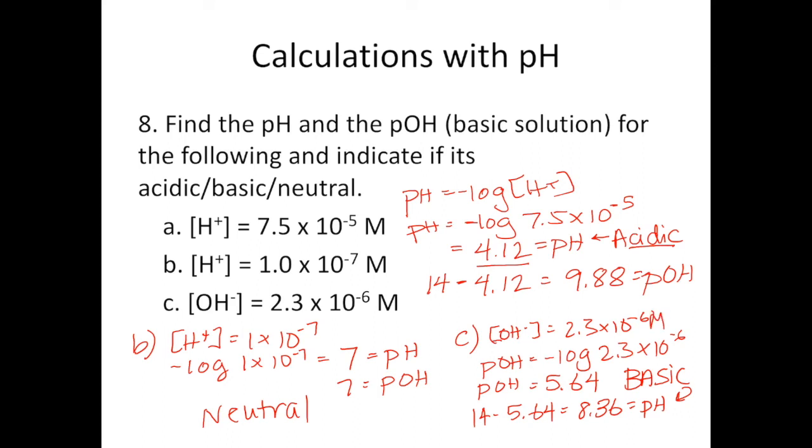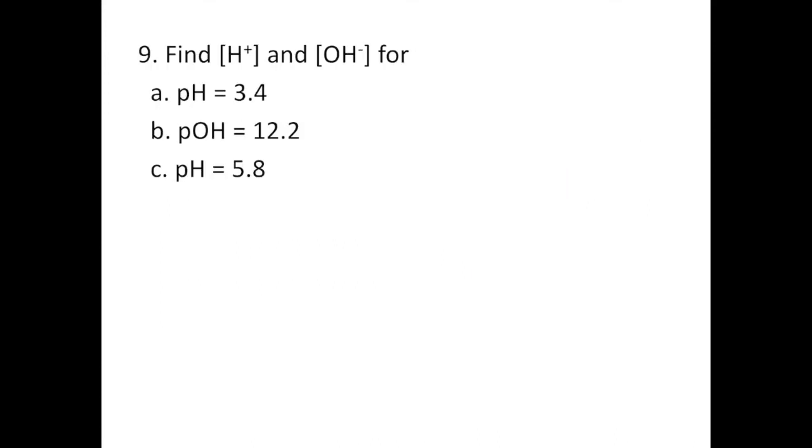So that's a neutral solution. And for C, we are given the OH- concentration, so we can find the pOH by taking the negative log of that. Now we have our pOH, and then we subtract that from 14 to get the pH. It's a high pH, it's above 7, so that's a basic solution.